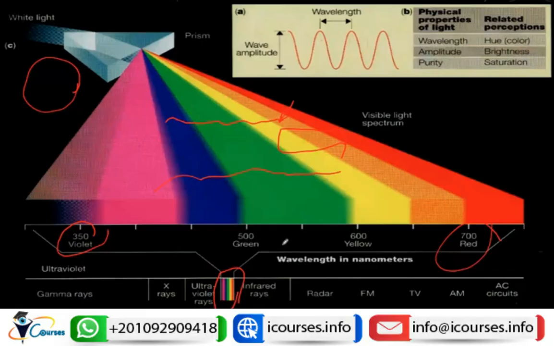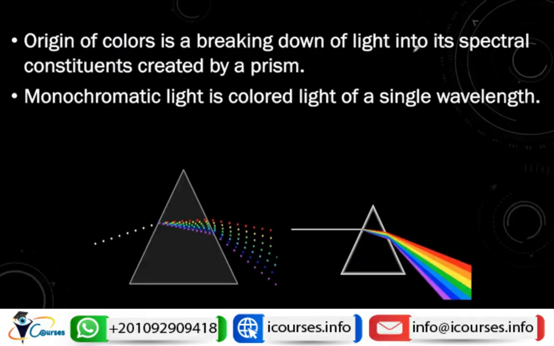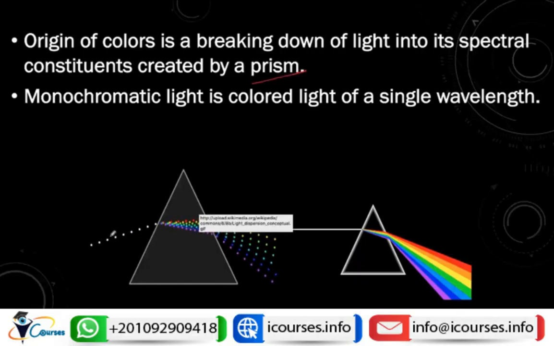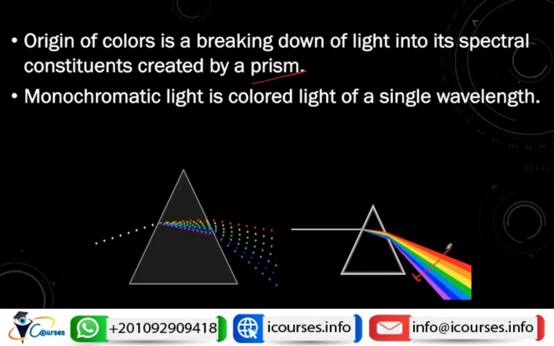The origin of the colors is the breaking down of light into spectral constituents created by the prism. As you see, the prism has the property of dispersion, so when white light enters the prism, it will be dispersed into its spectral components. We can also say that white light is the addition of different wavelengths together. If we add red, orange, yellow, green, blue and violet together, this will result in white light.